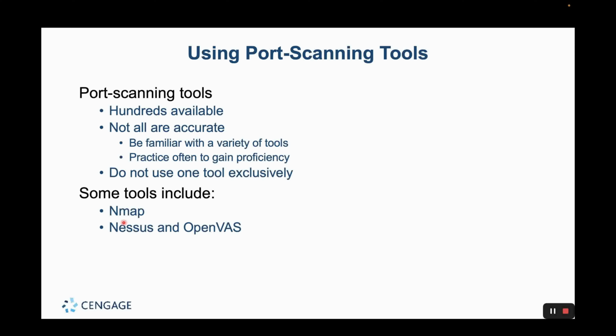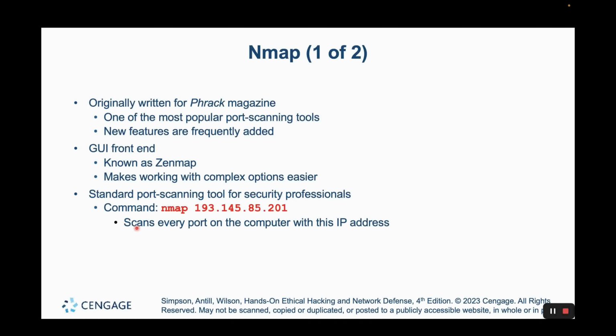Some well-known and reliable tools are Nmap, Nessus, and OpenVAS, especially those two, which are considered great tools for giving you very good, accurate information.